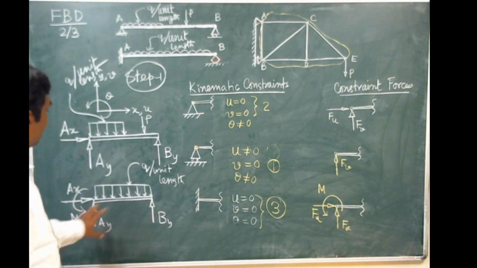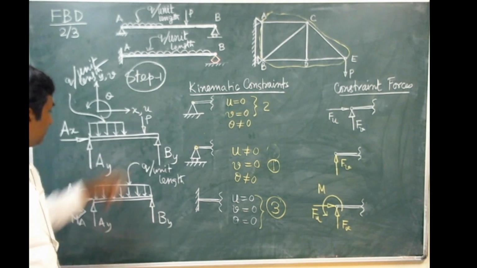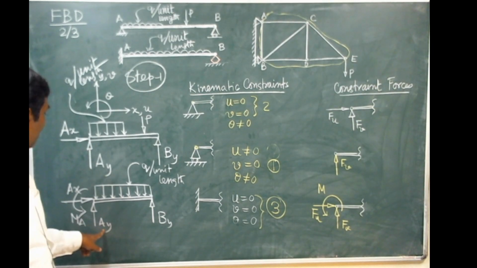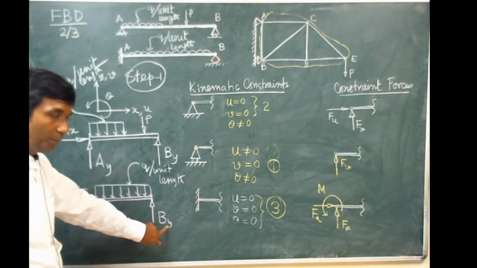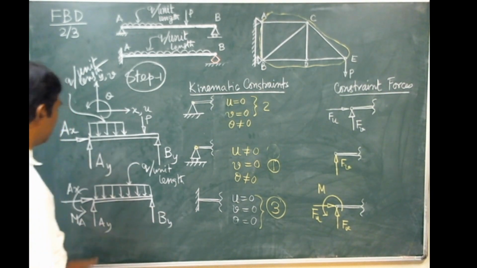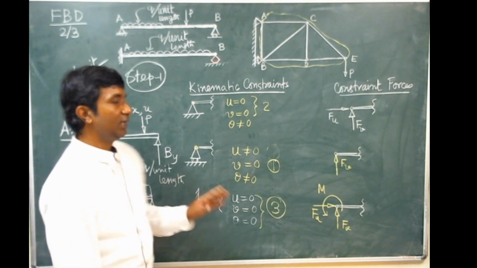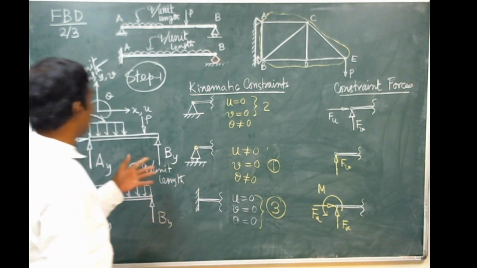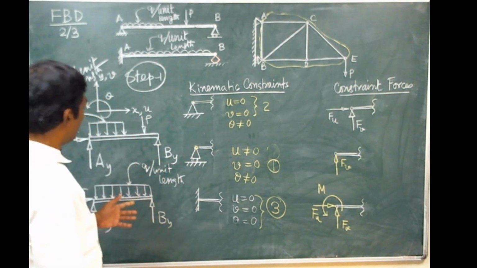So at this moment, when we draw the free body diagram, we actually do not know these quantities. How much is Ax, how much is Ay, how much is MA, and how much is By, that we need to solve. In two-dimensional problems, you have three equations of equilibrium available.